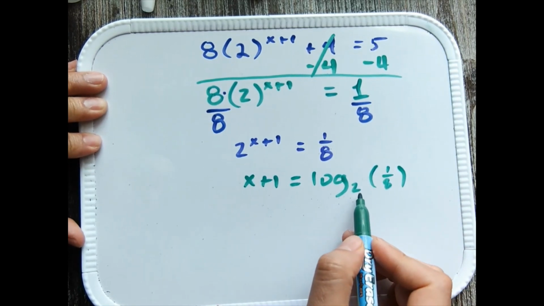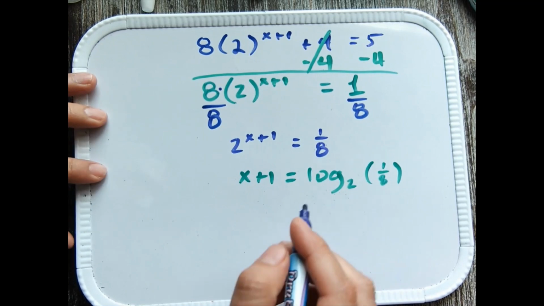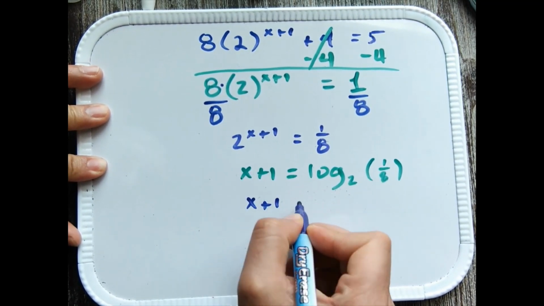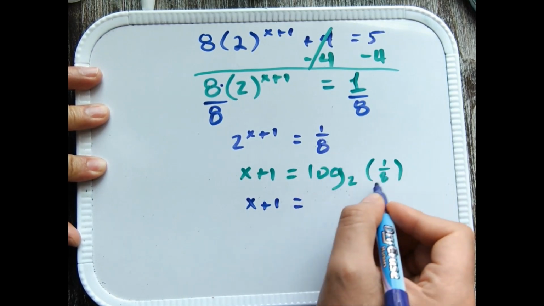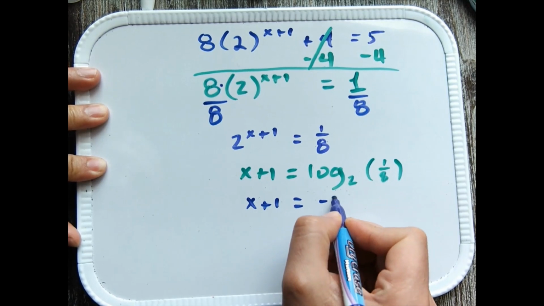Now, the log of base 2 of 1/8, you have to calculate on your calculator. Whenever you evaluate, what we get is, well, the x plus 1 equals all of this here. The log of base 2 of 1/8 is negative 3.